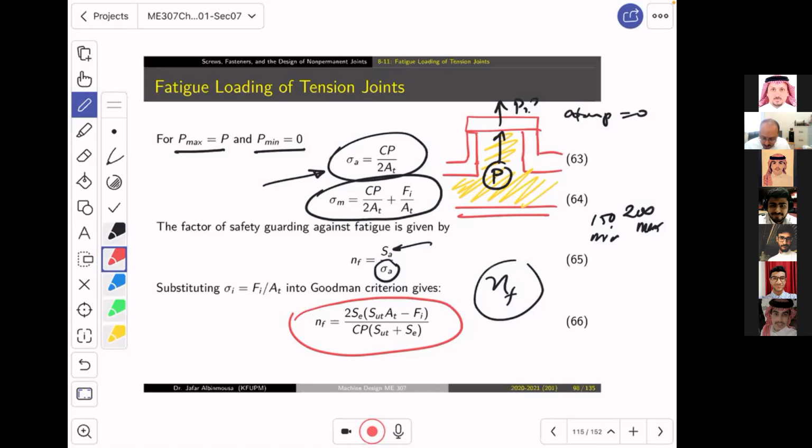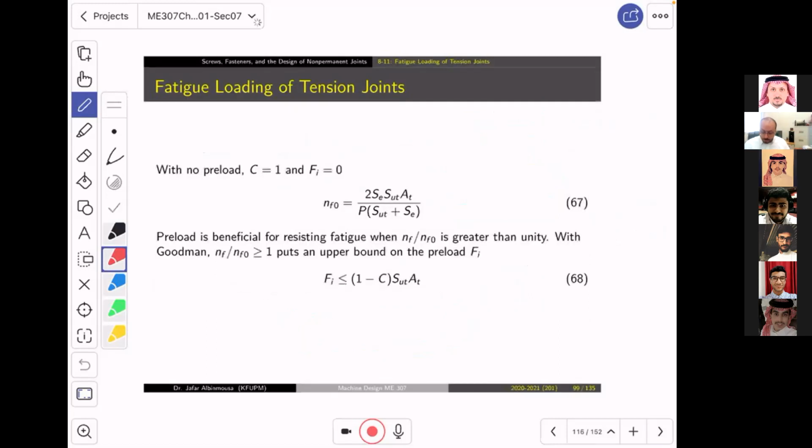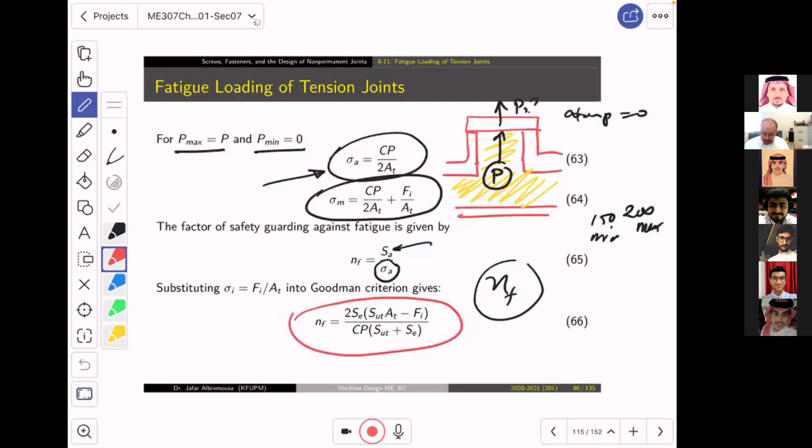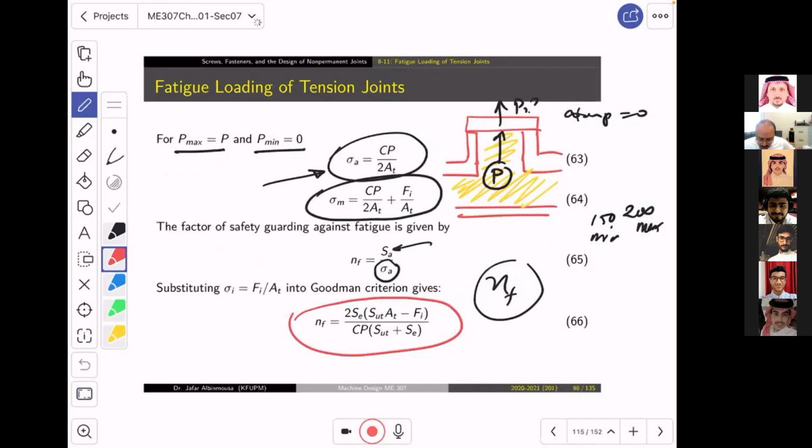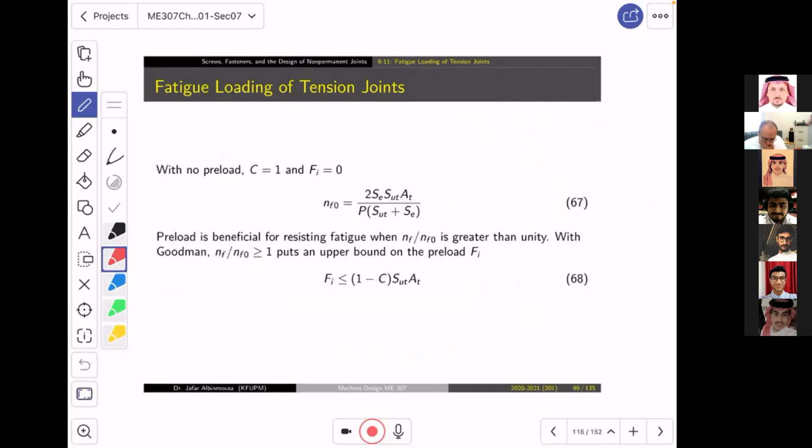You see that? You can do the same with the other equations, but they are a little bit big. So you better calculate SA and then divide it by sigma A. But because Goodman is a tiny one, we can divide the two numbers together and get a simple closed-form equation.